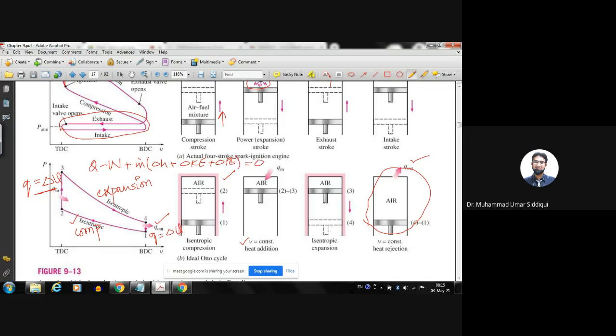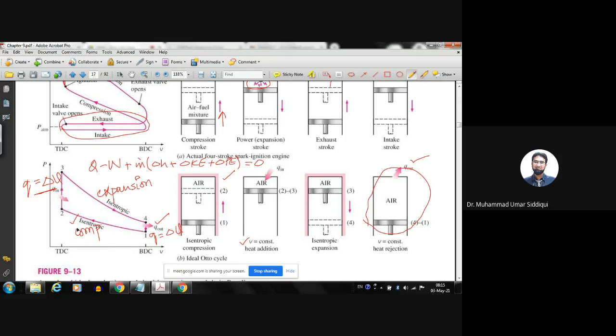Why? Because we said that these are steady flow, steady state devices, so overall change is 0 with respect to time.